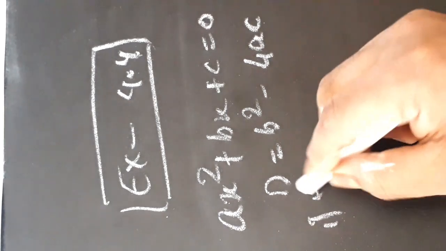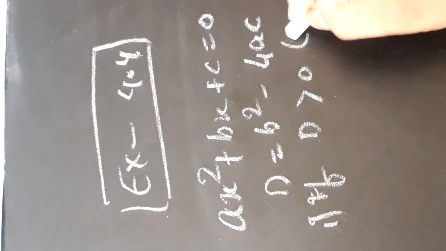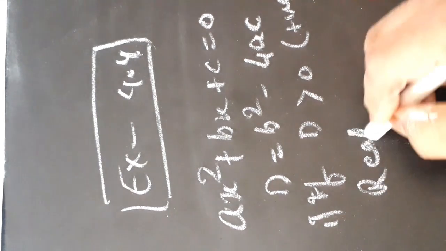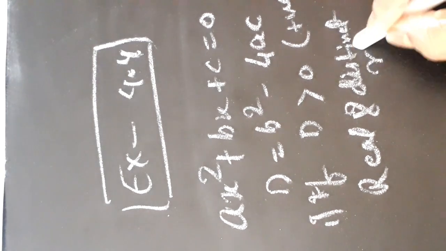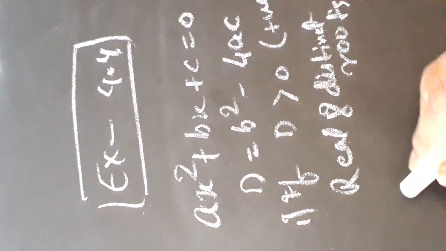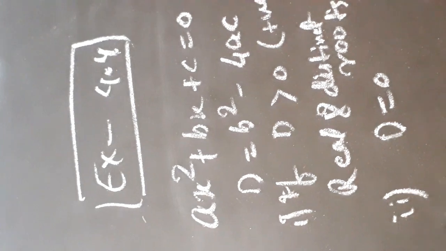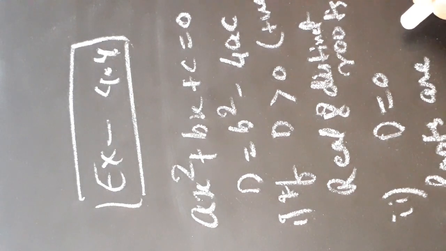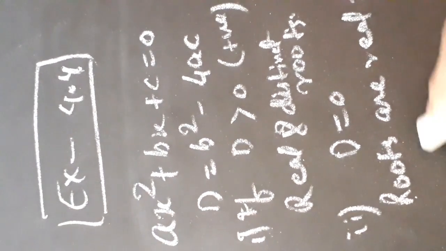If D is greater than 0, or it is positive, then we will get real and distinct roots. If D is 0, then roots are real and equal.